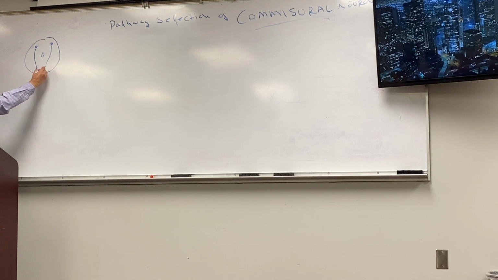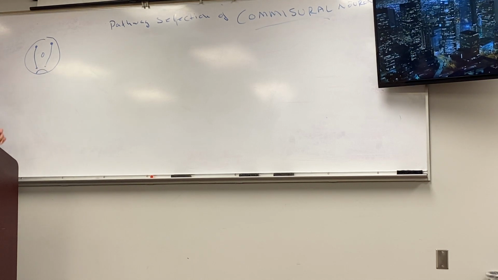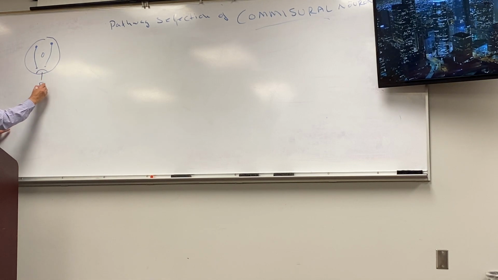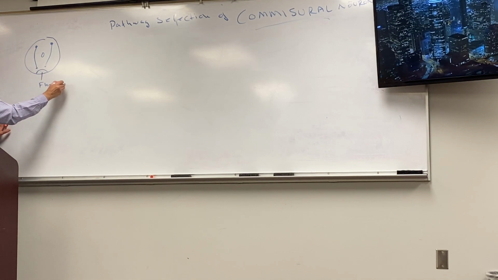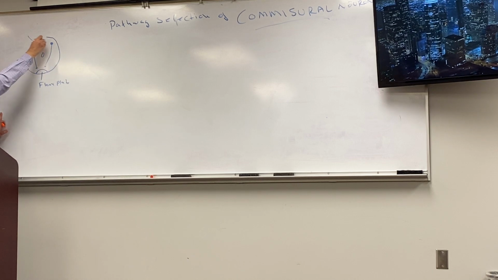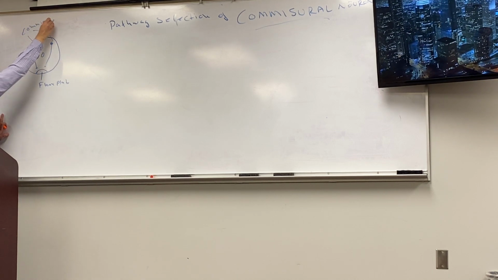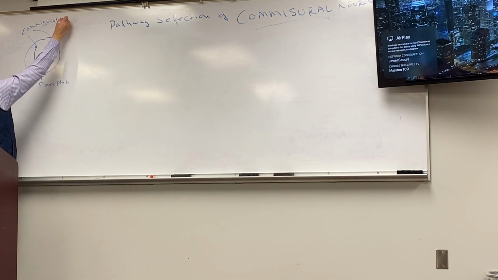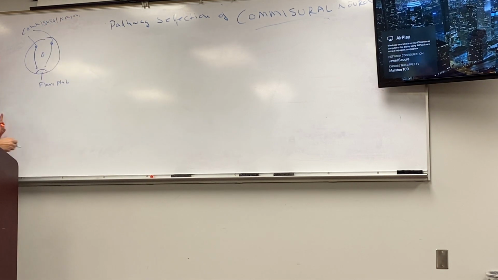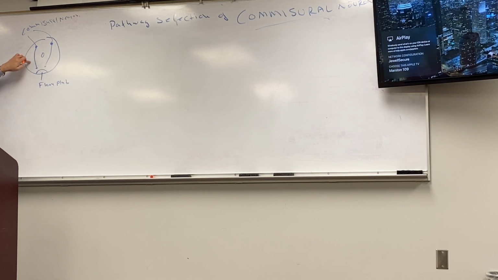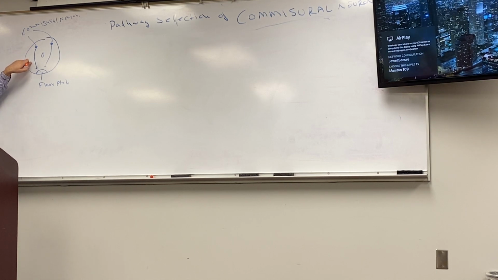Right here is your floor plate. And these are your commissural neurons. So the axons are growing like this, okay?